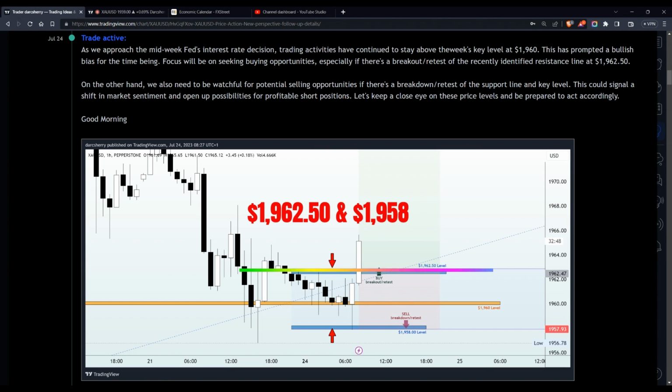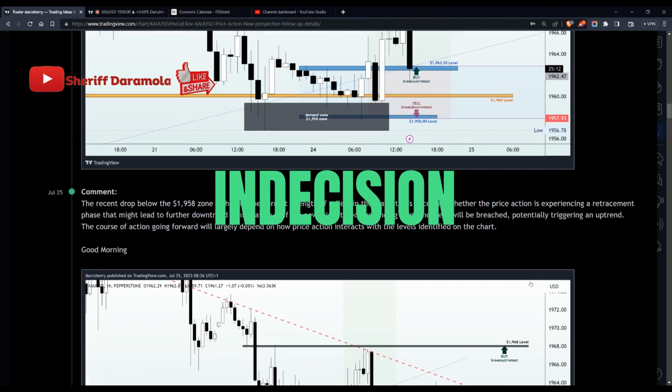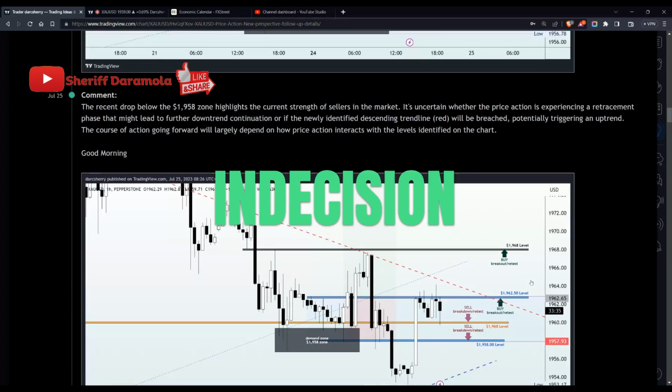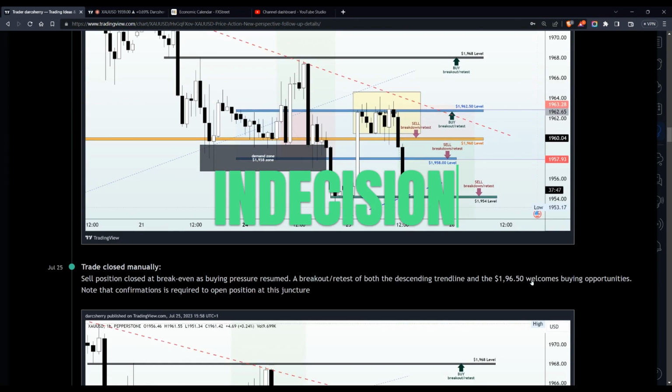And we had the breakout of that resistance line, which triggered our first buy position. But that did not last long as we noticed that during the first 24, 36 hours of the week, price action was more of a choppy situation, a consolidation phase, which further emphasized the level of indecision in this market.